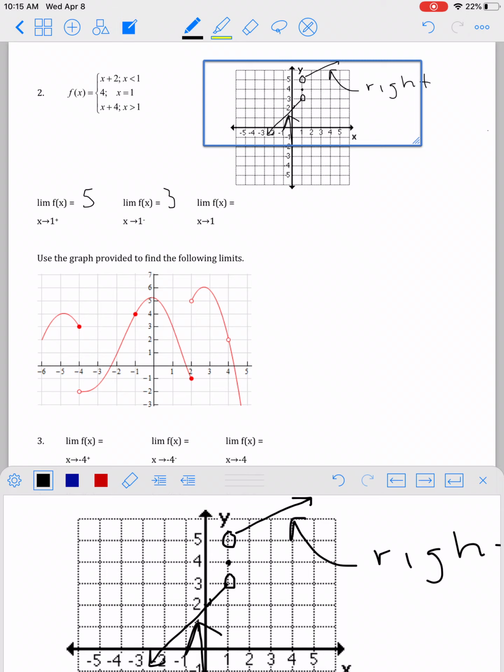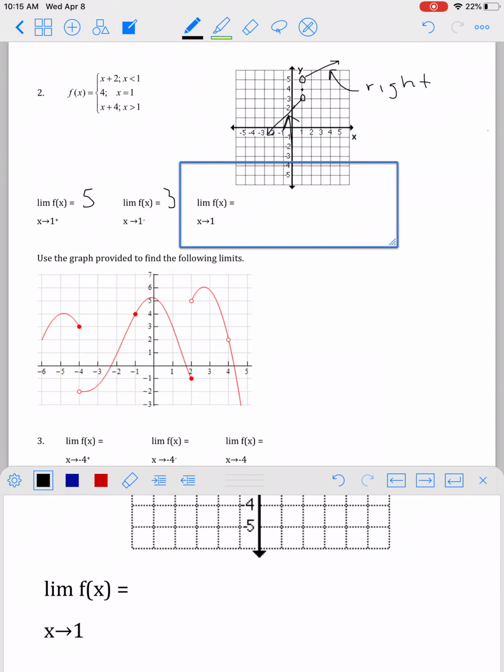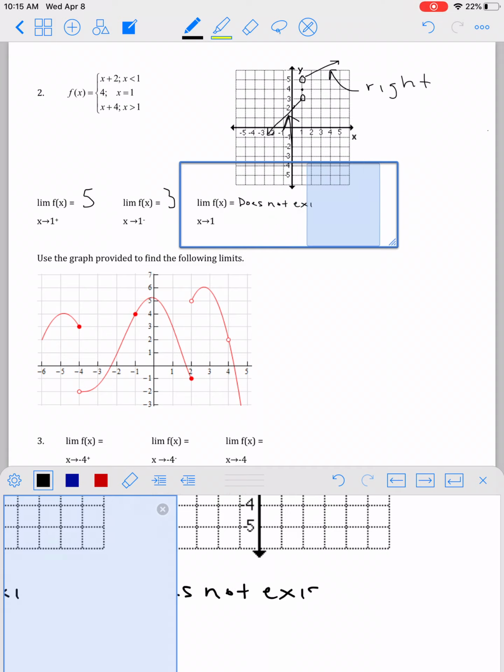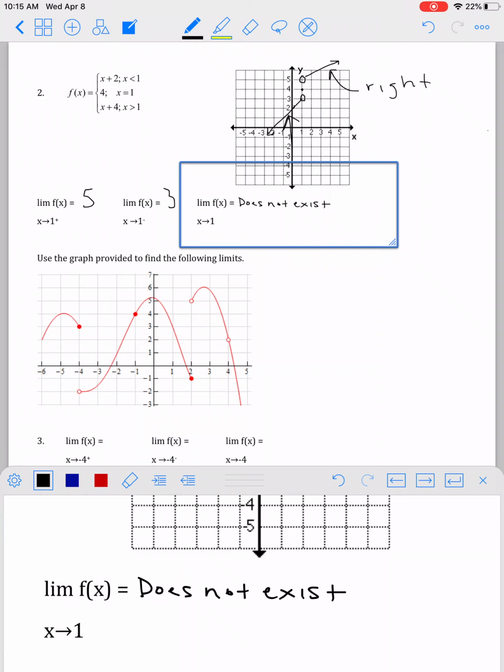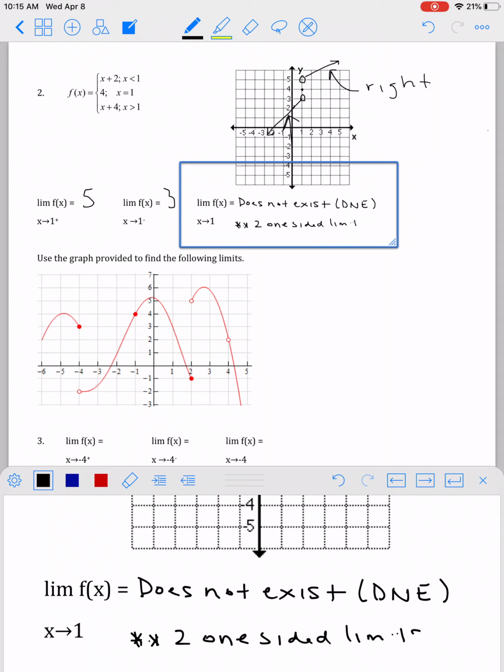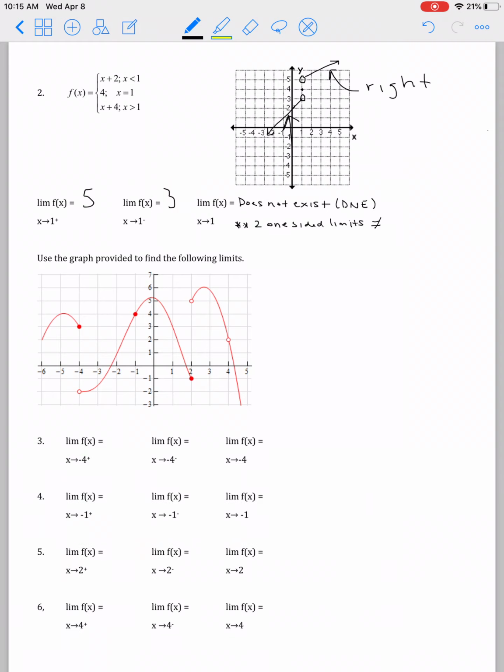So we say, at this point right here, that the limit does not exist. And we will use this abbreviation, DNE. And the reason that occurs, this is important, is that the two one-sided limits are not equal. That's why that limit doesn't exist.